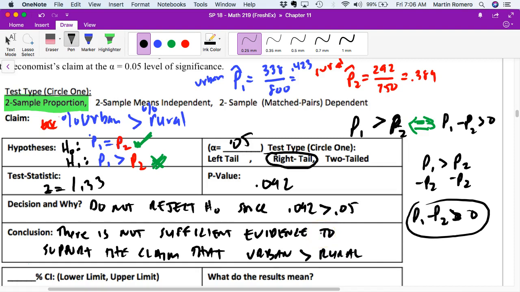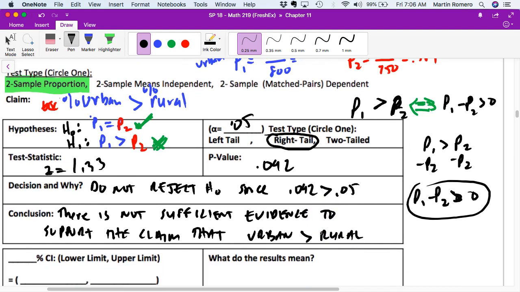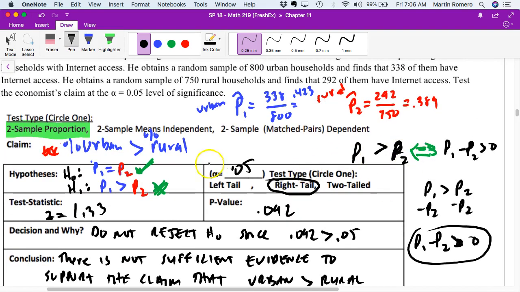And so that's what that would mean. Now we finish that and we conclude it. Based on the sample data, even though this proportion was bigger than this proportion, we do not have enough evidence to conclude that they're statistically different.